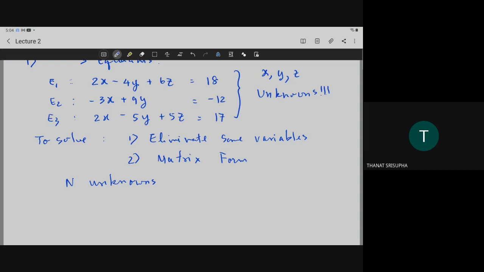Similarly, for the coefficients of the second and third equations, I can write minus 3, 9, 0, and also 2, minus 5, and 5, respectively. And for the values on the right hand side, I can just write it like this.